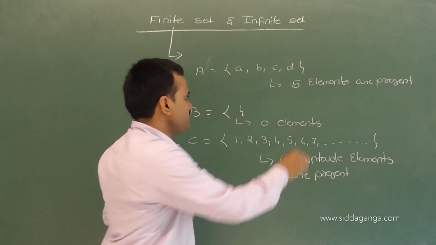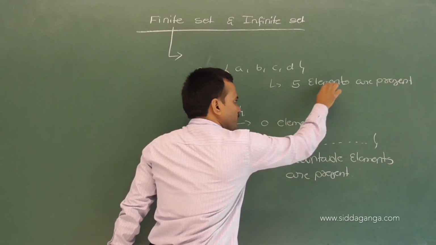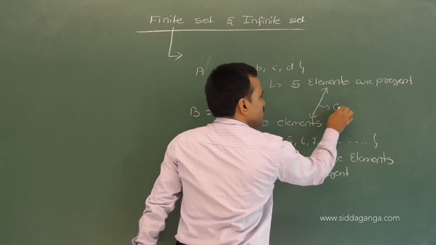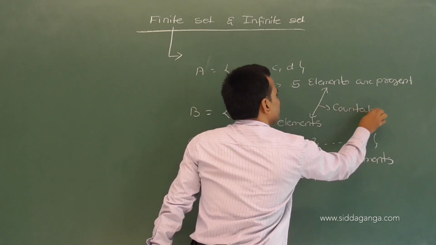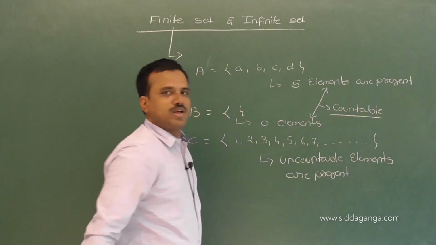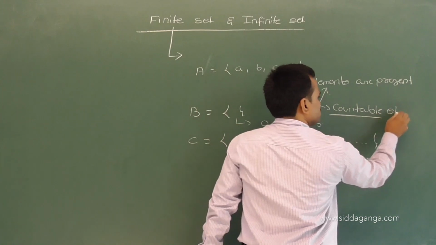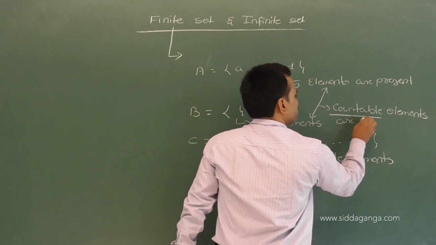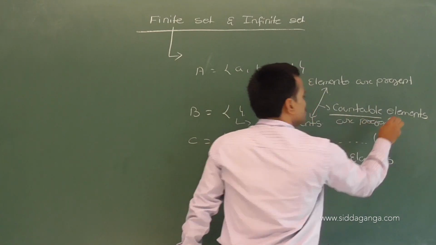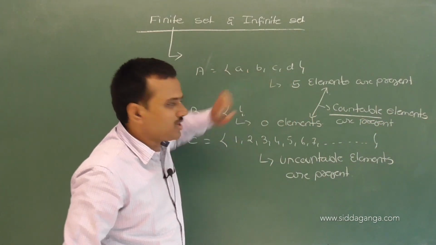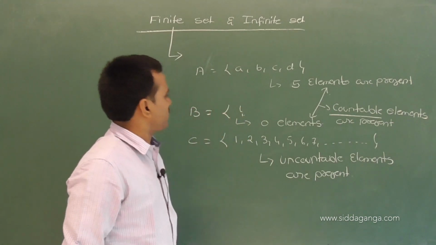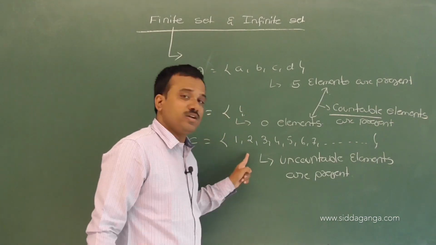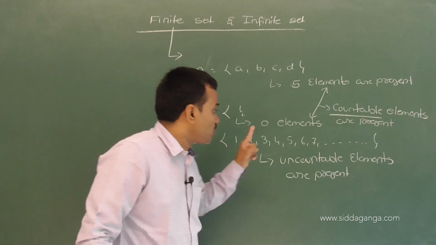In these two sets, what? Countable elements are present. We have to count: here it is 5, here it is 0, but here it is not possible to count.